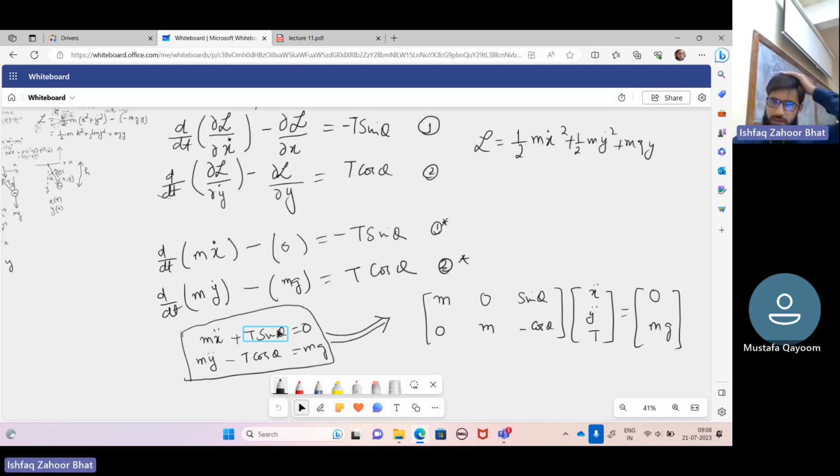I want you to do it, but let me see if I can do it in the next class. But you can also give a try. Try to solve the double pendulum. I will show you what you have to solve.